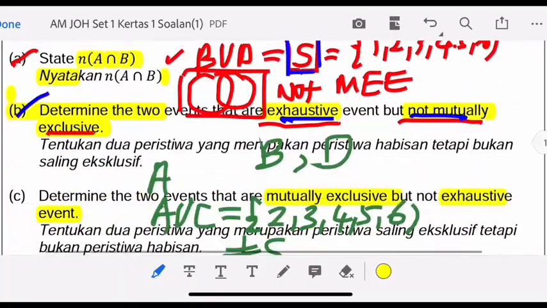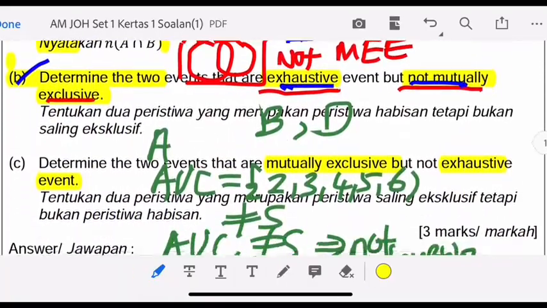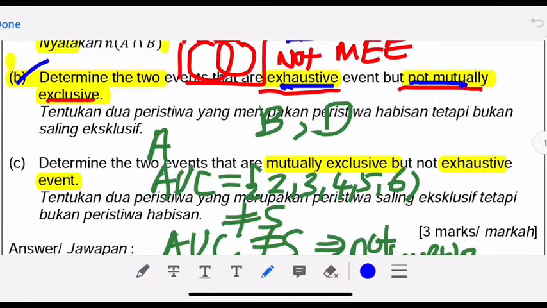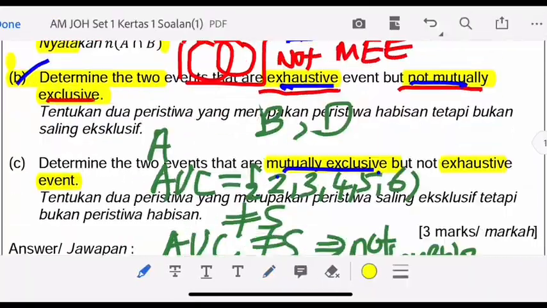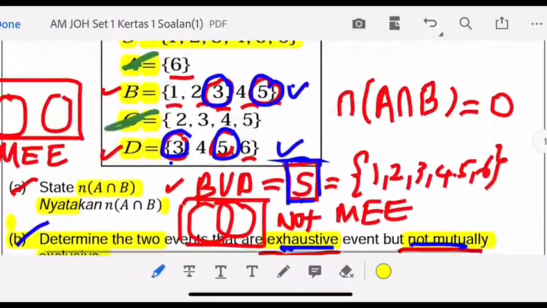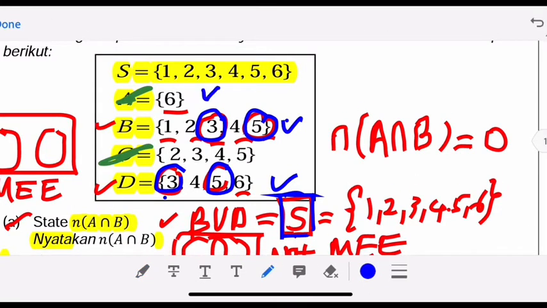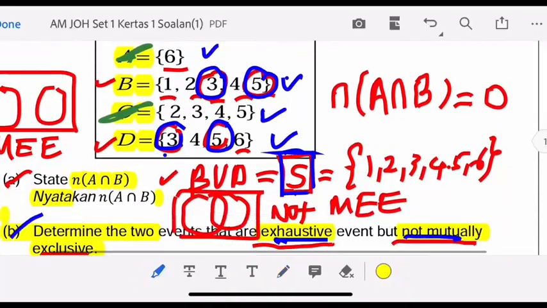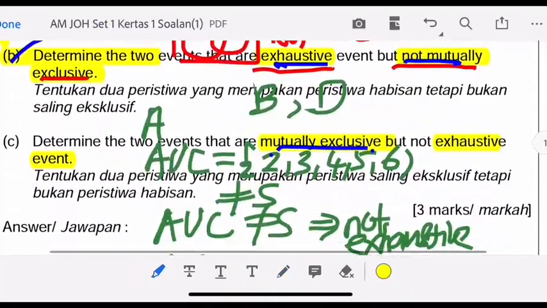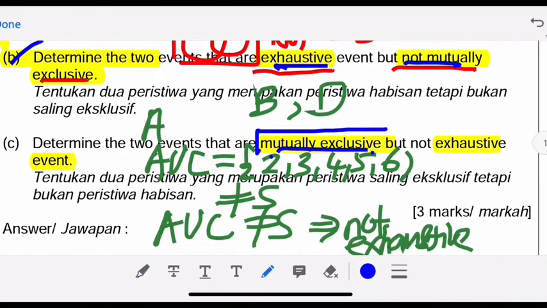For C, mutually exclusive means there can be no intersection. So you go to A and C, and check they are not intersecting. We have 6, and we have 2, 3, 4, 5, with no common elements. So they are mutually exclusive and not exhaustive, because when you do the union of A and C, you only get 2, 3, 4, 5, 6.